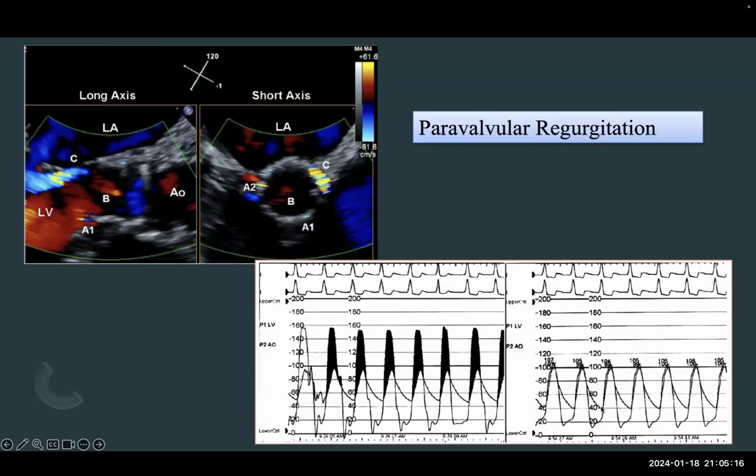But if you see here, the diastolic blood pressure is reduced and the LVEDP increased a little bit, reaching more than 20. That means there is aortic regurgitation. The most common cause is paravalvular leak.